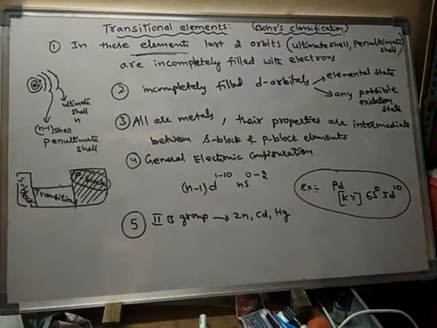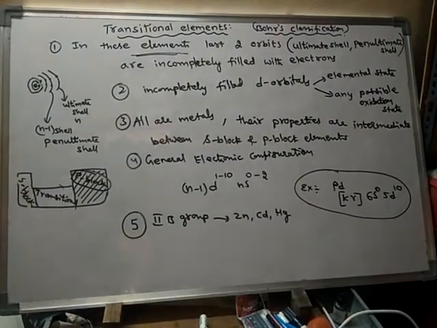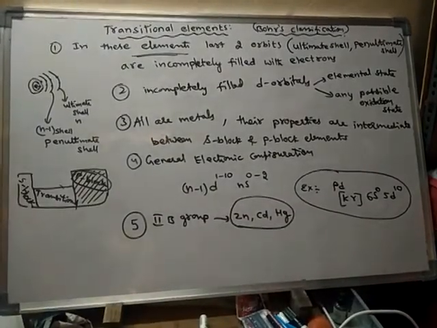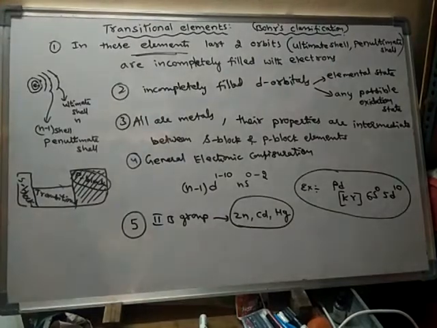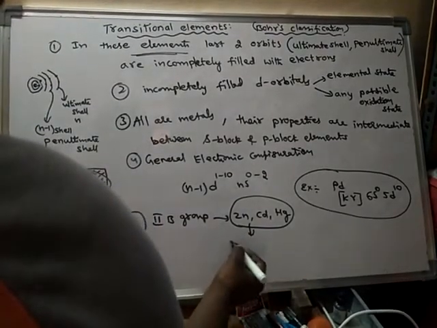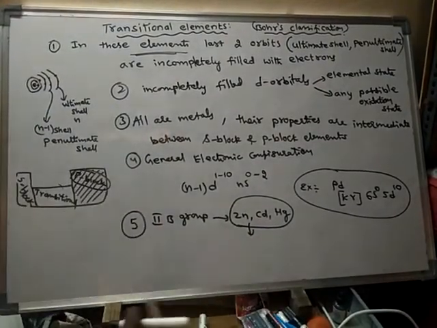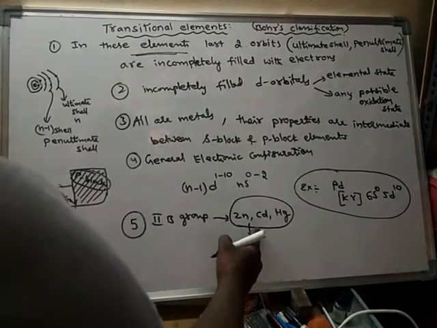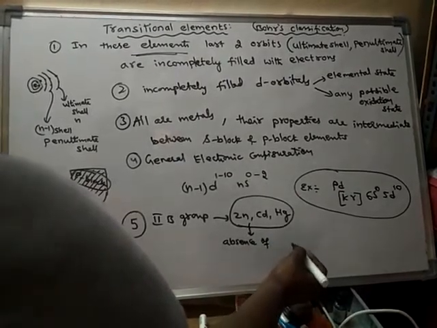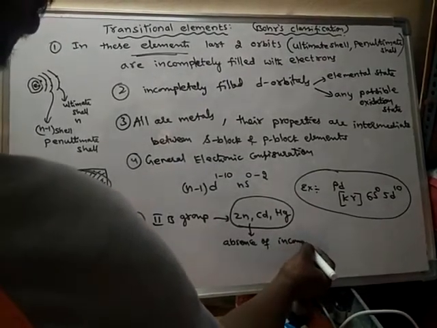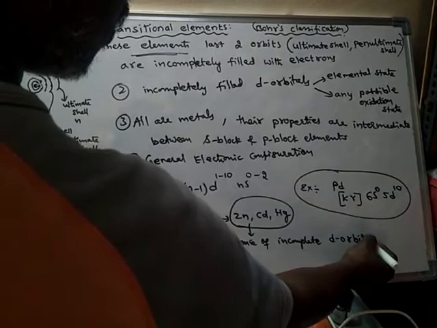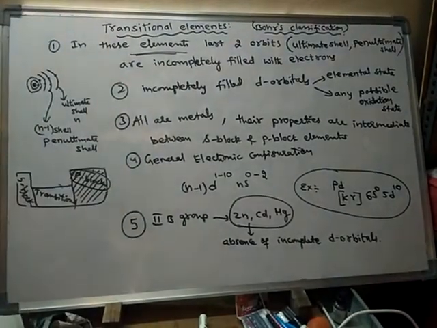These are not transitional elements because here there is an absence of incomplete d orbitals.